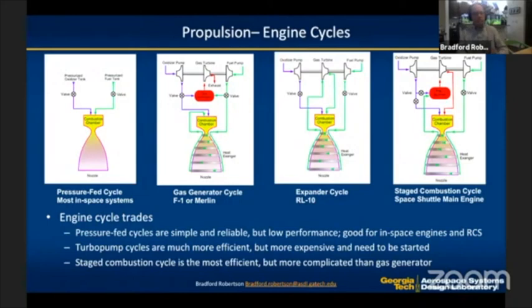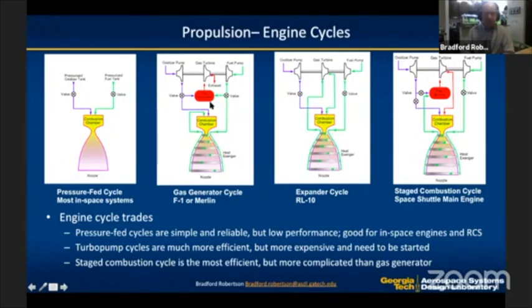And so my final propulsion chart is, here are the engine cycles of how these things are actually used. As I said before, you generally have pressure-fed systems where I just open a valve and put those into a combustion chamber and accelerate flow out the back. Then after that, we go to turbo machinery based cycles.